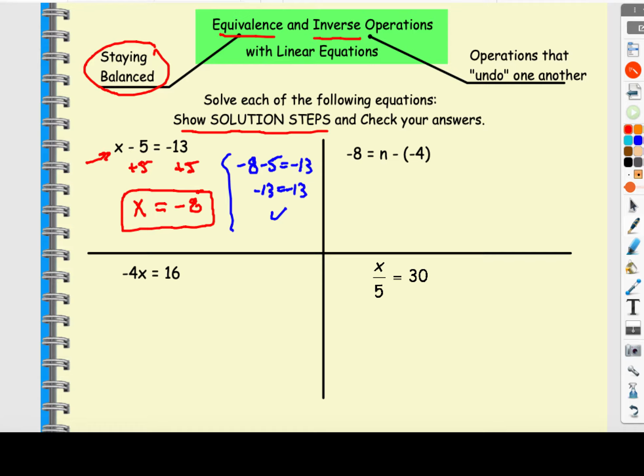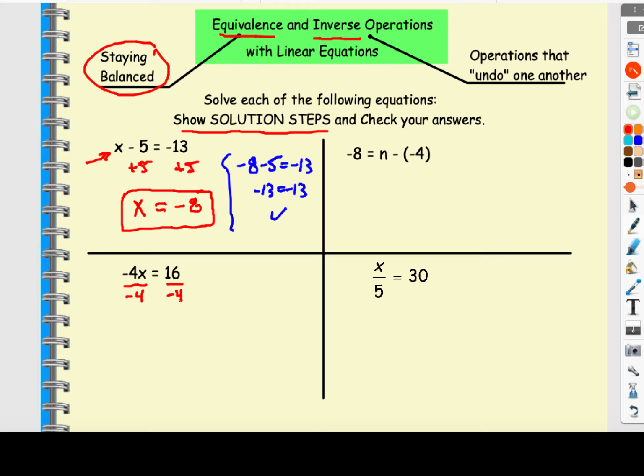Let's use that same idea down here at the bottom. Notice we're multiplying by negative 4, negative 4 times x this time. To get x by itself, I'm going to divide by negative 4. If you want to write the division symbol, you can, but division signs and negatives can get messy, so I tend to write them as fractions: negative 4x divided by negative 4.